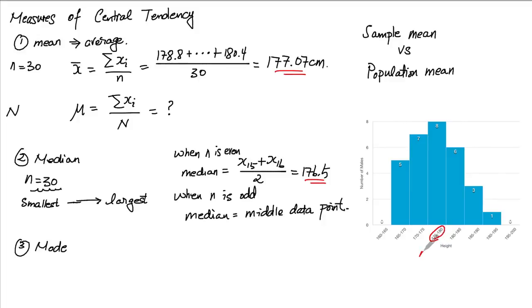In fact, the mean of 177.07 is in that interval, or in that bin, as well as the median, which is 176.5 centimeters.